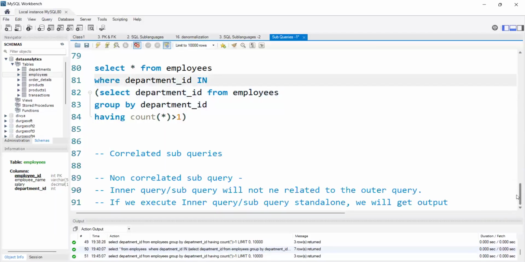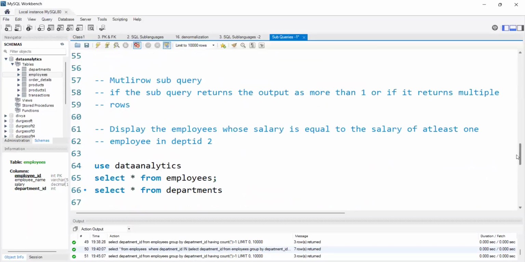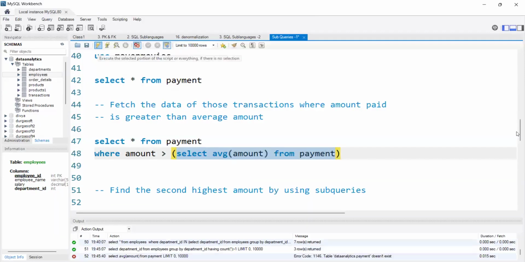Whatever examples we saw, the single row subqueries and multi-row subqueries, come under non-correlated subqueries only. In single row subqueries also, this is a single row subquery, and if I execute my inner query, it will give me the output.